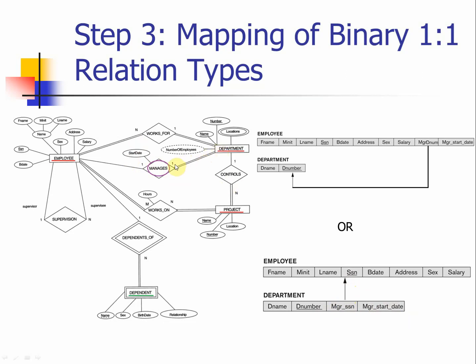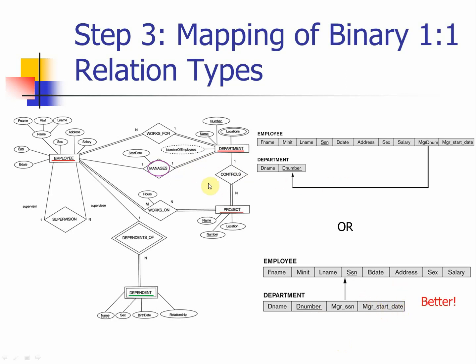Think about this: because this is a double line, every department must have a manager. Therefore, if I have 3 departments, all 3 of those will have values for their managers, as indicated by this double line over here. So this is a much better choice than the other one.